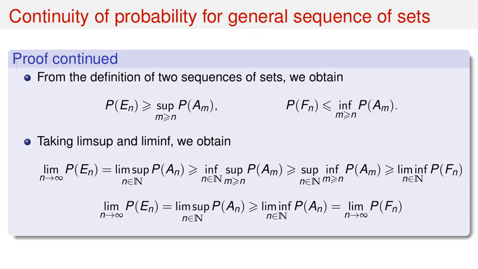And then limit P of En equals lim sup P of An, greater than or equal to lim inf P of An, equals limit P of Fn.